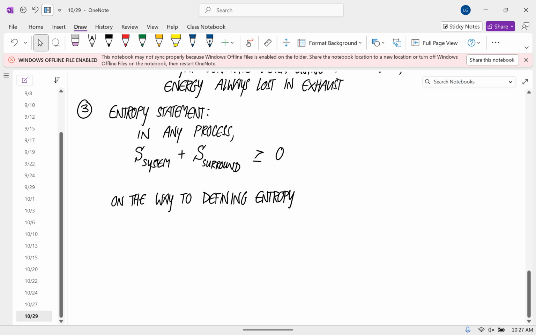Kids today. Okay, the first step in defining entropy is this thing, and this is where you have to be careful. It's called the Clausius inequality, and it's totally unrelated to the Clausius statement. Well, they're mathematically equivalent, but you have to think about them in totally different ways.